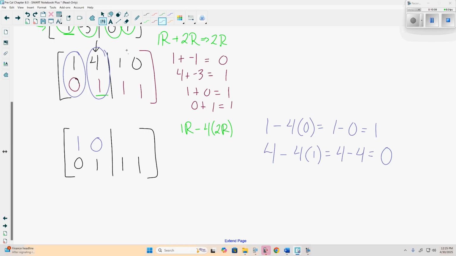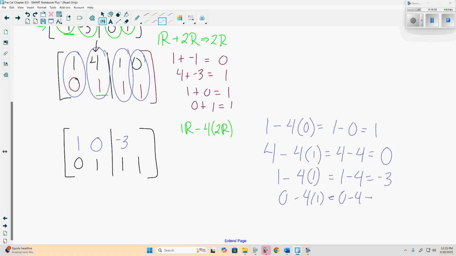But we still have to keep going. In the next spot, our first row's value is 1 minus 4 times the second row's value, which is 1, which is 1 minus 4, and 1 minus 4 is negative 3. And lastly, we have 0 minus 4 times 1, which is 0 minus 4, which is negative 4.